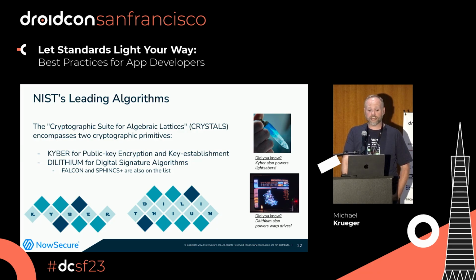The leading contenders right now are in the crystals collection. Kyber for public key encryption, Dilithium for digital signature. These are the two current algorithms that we're expecting to be the final approved set for this new quantum age of cryptography.